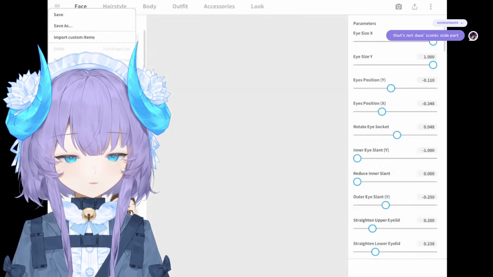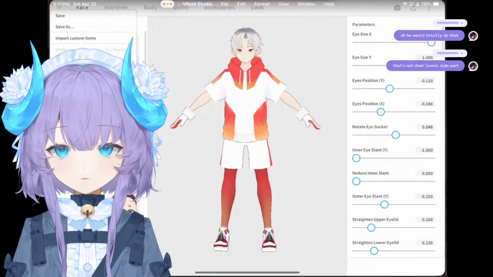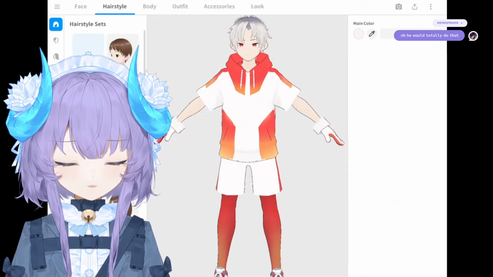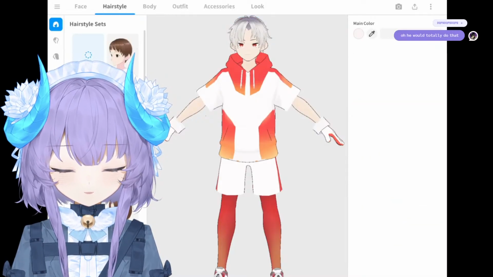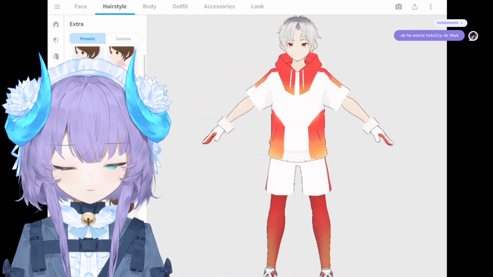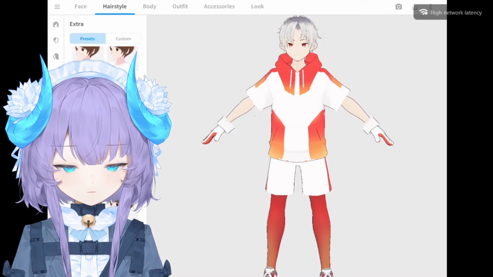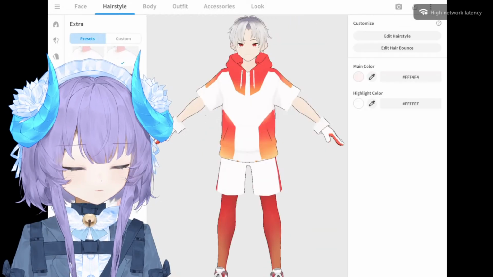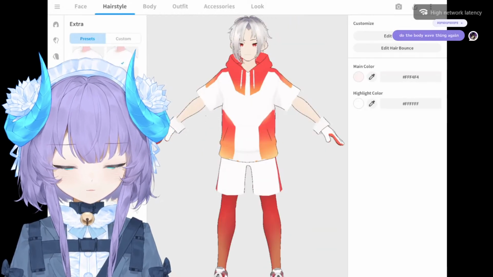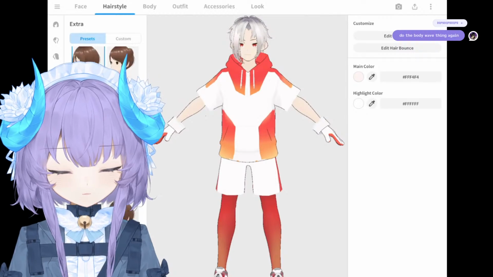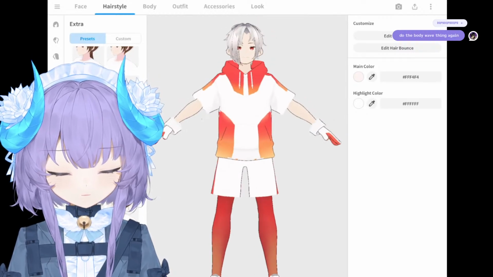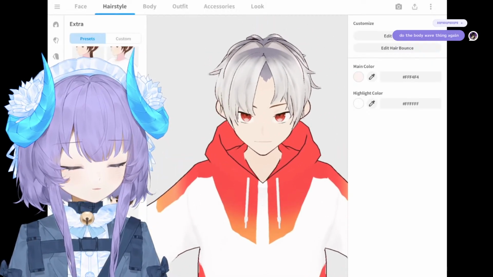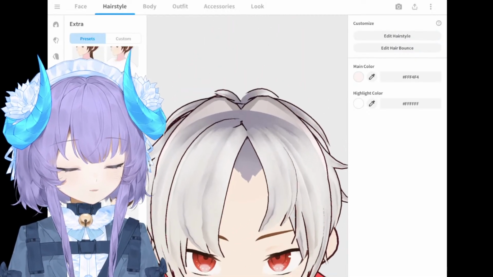I realized recently, actually, that they're... oh. Hairstyle, where was it? Look, they have it in here. I just need to figure out how to adapt it to his hairstyle.